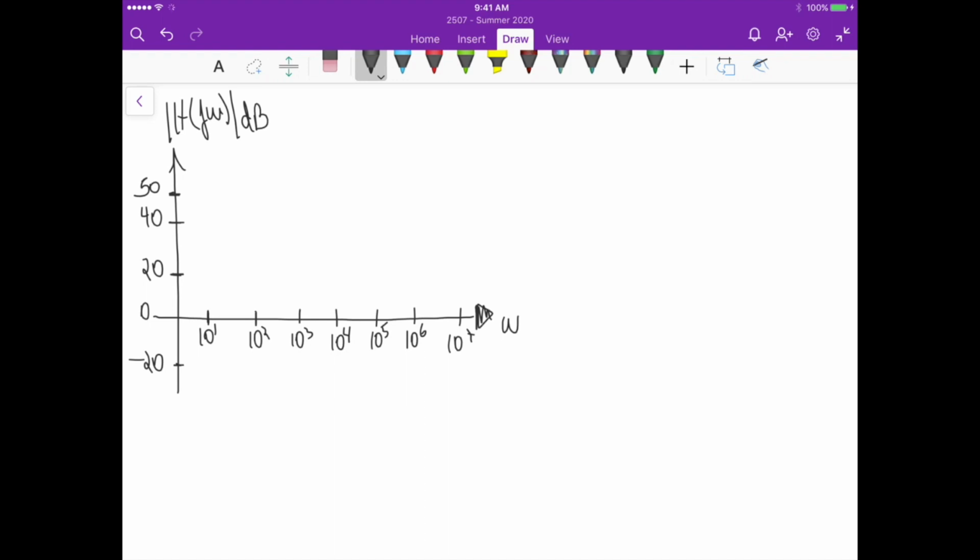So let me calculate it pretty quick. So this is 6.28 times 10 to the 3. So it's right around here, right? So this point here is the 3 dB frequency, and that is exactly 50 minus 3 dB, so it's 47, so it's around this region here, right?